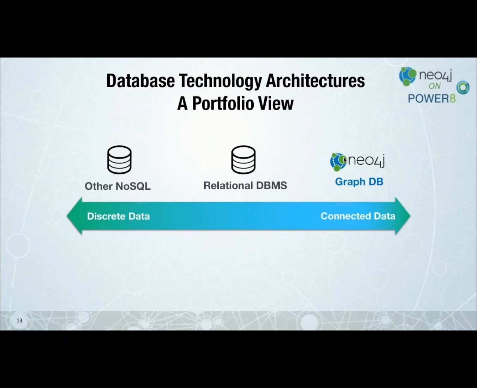On the right side, you have a completely different kind of requirement and a completely different kind of architecture that emerges to support it, around connected data, where ACID is important, because if I update something and update a relationship, then I need to make sure the node at either end is either connected or not.